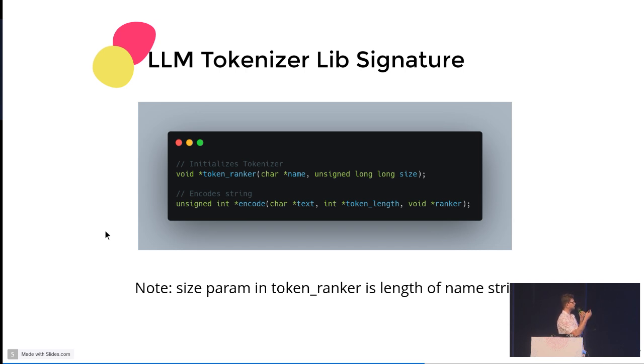And then in the encode function, I'm sending the text that is to be encoded with its sorry, not its length, but the token length, which will again be an input to the encode function, and then the pointer to the token ranker object.